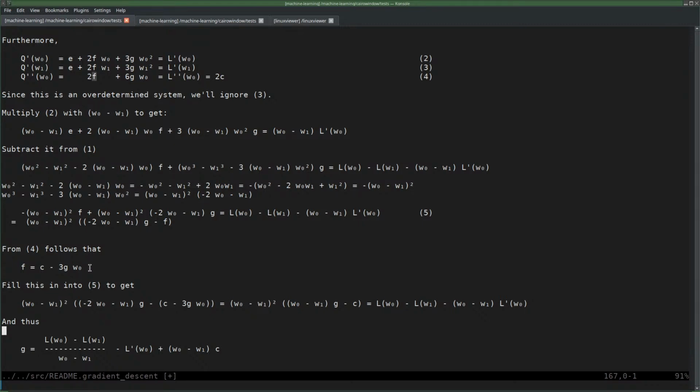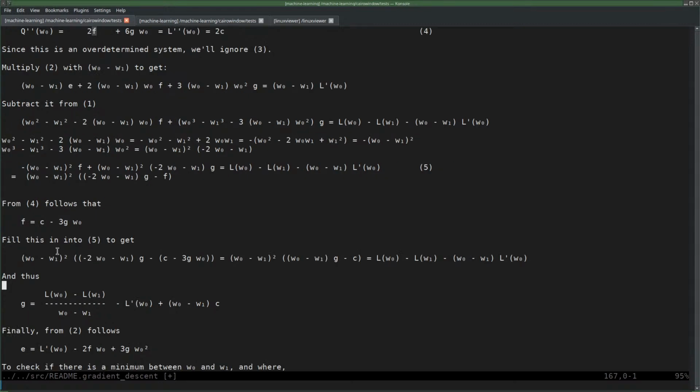Fill this into 5, so now we fill in this F here. So we get W0 minus W1 squared times minus 2 W0 minus W1 minus and then F, where that is that.